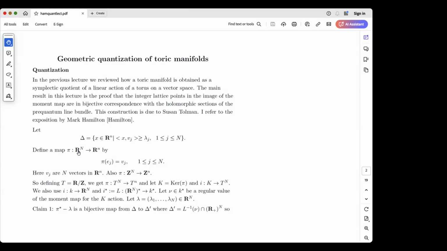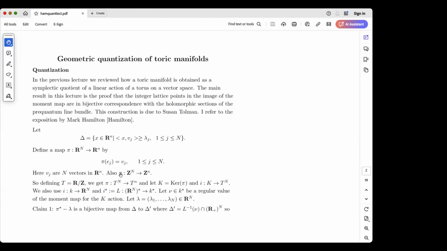Pi will be a map from R^N to R^n. Like yesterday, pi sends the Euclidean basis vector e_j in R^N, the vector where the jth coordinate is 1 and all the other coordinates are 0, to v_j, which is in R^n.